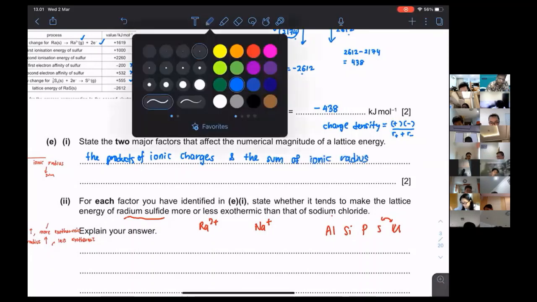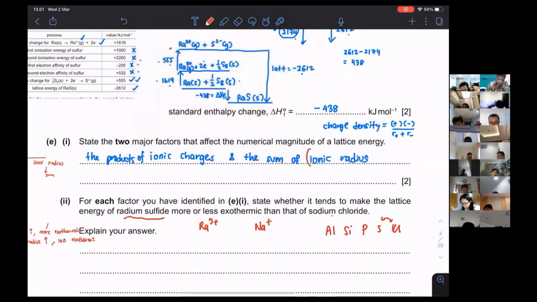Don't get me wrong, if you just write down ionic charge and ionic radius, it's good enough and you will get the mark. But we want to learn more, so these are the two factors: products of ionic charges and sum of ionic radius.